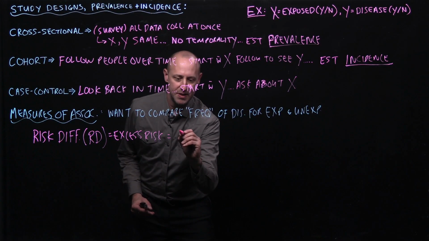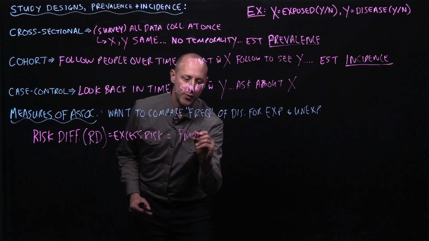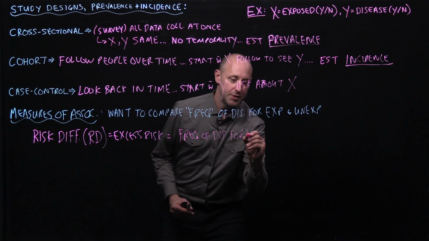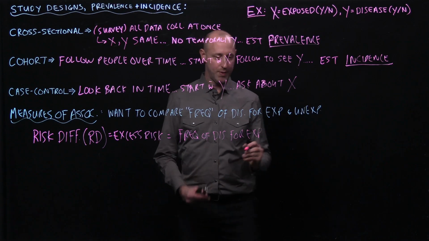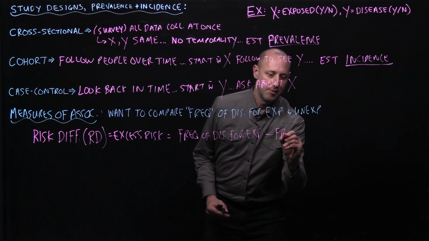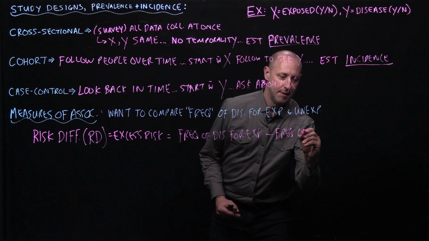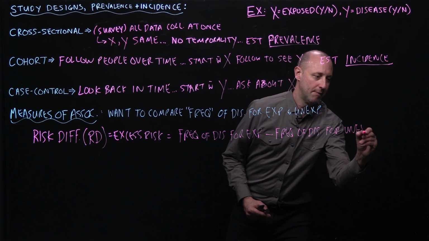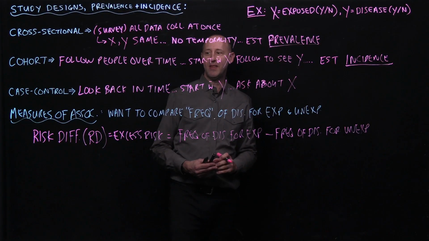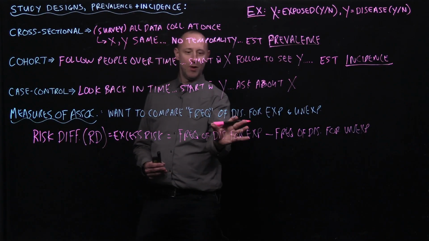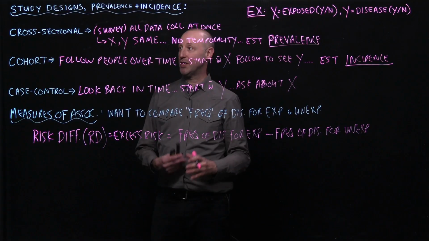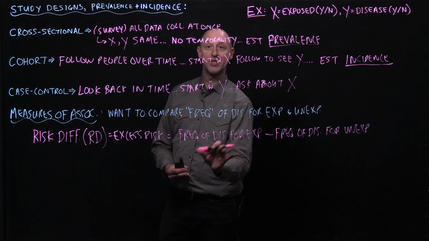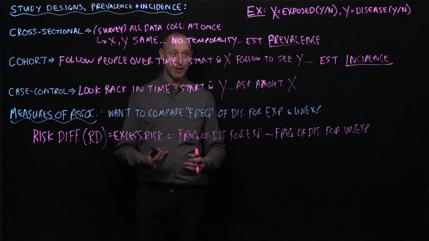What it's going to be is the frequency of disease for the exposed group, minus the frequency of disease for the unexposed. That's what we mean by the excess risk, right? We can see how often the exposed group is getting the disease, how often the unexposed group is getting the disease, and what the difference is. How much extra or more is there for those who are exposed?